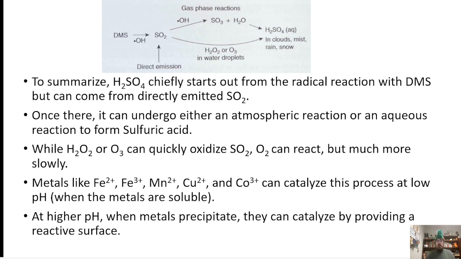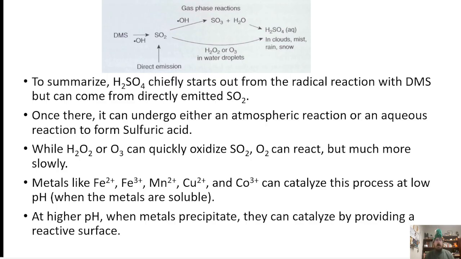Even oxygen can react in this way, but this is much slower, and so it's not a contributing factor. However, certain metals that are soluble in the water at low pHs can catalyze these reactions. So iron 2 and iron 3, manganese 2, copper 2, and cobalt 3, if they're dissolved and they form aerosols in the water droplets, can speed up these oxidation processes.